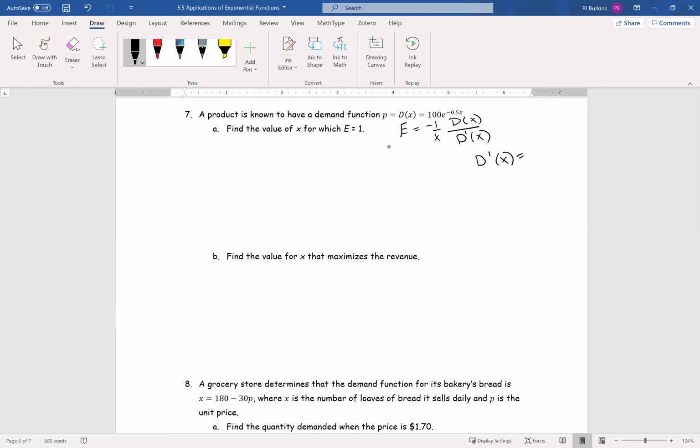So does somebody want to tell me what the derivative of d is there? Or at least give it a try.